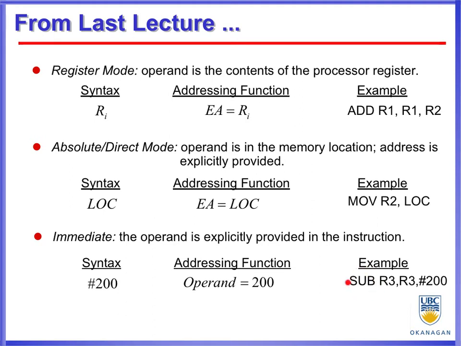Some of those bits have to be reserved for what type of operation is being done, what this register is, its name, and then the rest of the bits can be assigned to the immediate operand, but it's going to be less than 32 bits. So these numbers cannot be as big as numbers that are stored in their own memory address, where they can use the full 32 bits for the number, or in a register, where the full 32 bits of that register can be used for the operand.